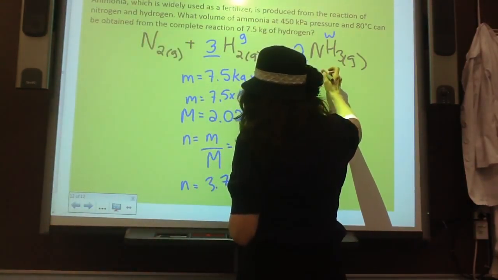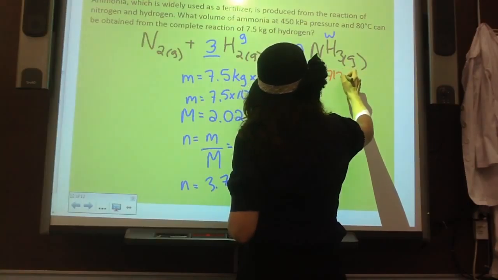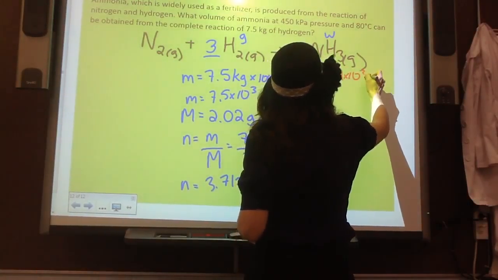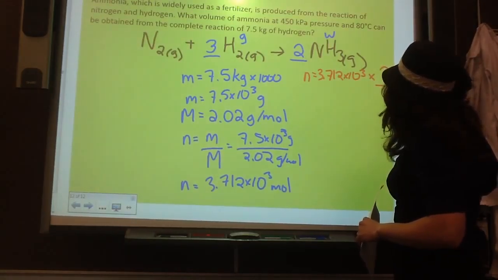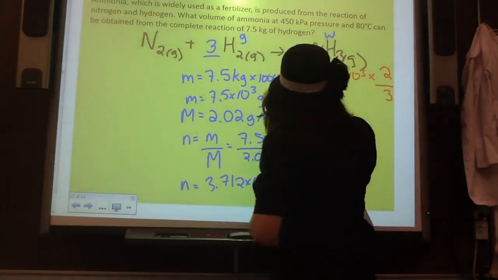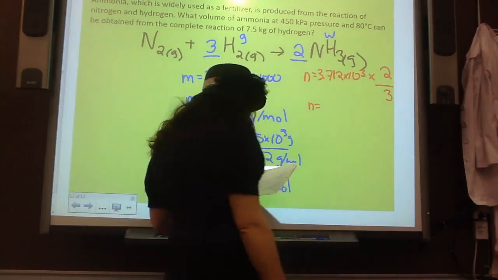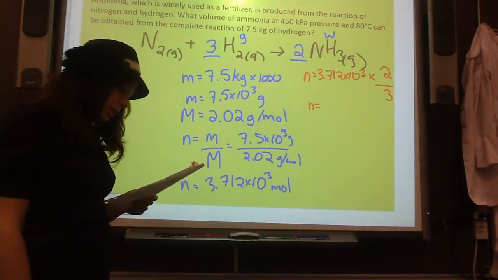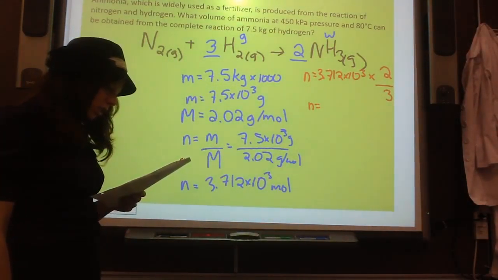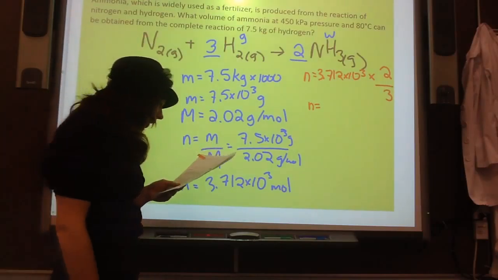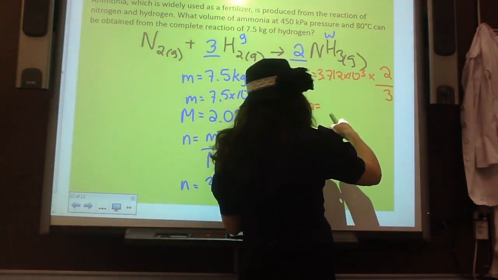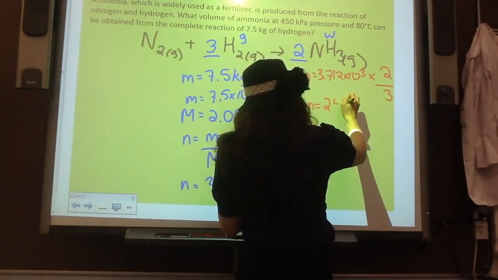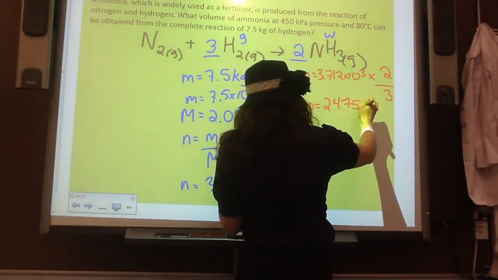N is equal to 3.712 times 10 to the power of 3 multiplied by wanted, which is 2, divided by given, which is 3. So your N will equal 2,475 moles.